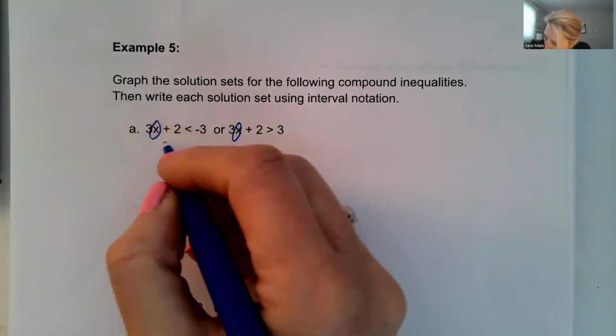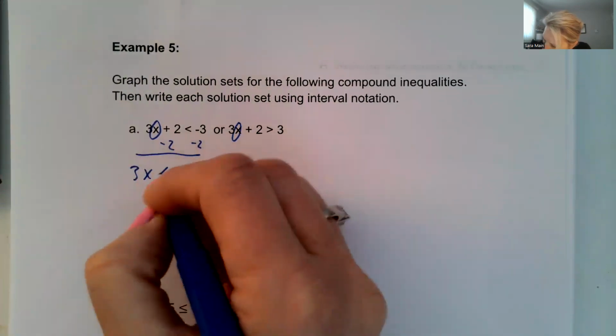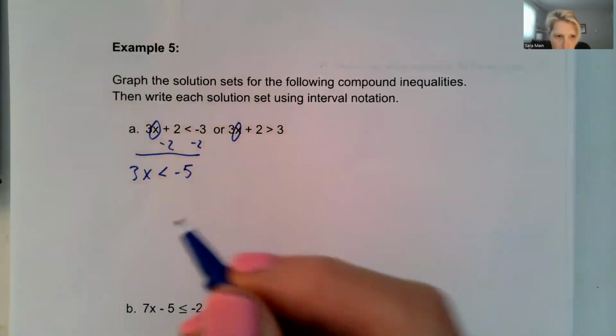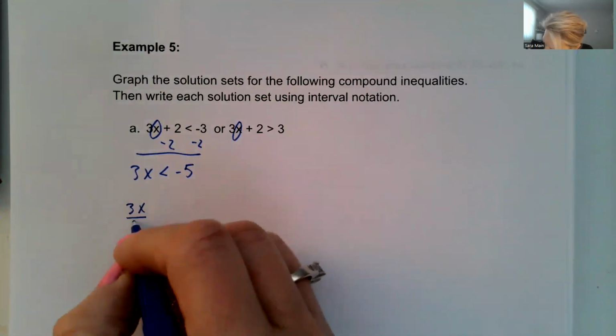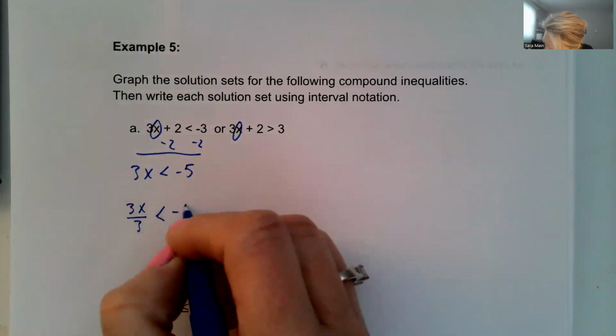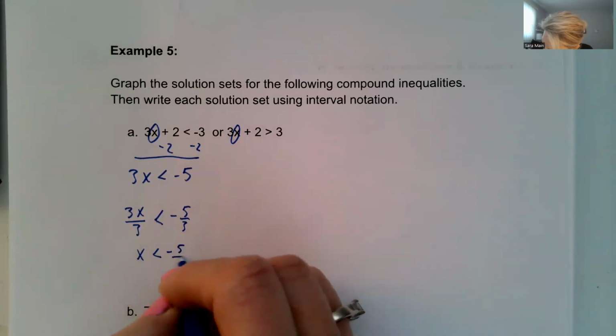Okay. So we're going to subtract 2. And then divide by 3. So x is less than a negative 5/3.